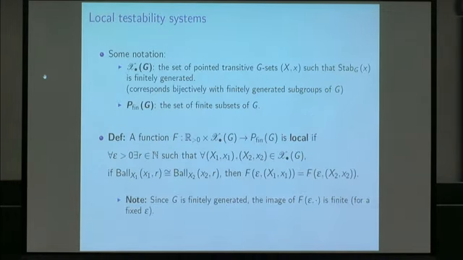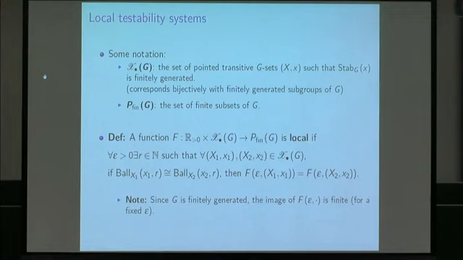OK. So in the next slide, I'm going to define what a local testability system is. But first, some notation. I have this fancy X with a dot. This would be the set of pointed transitive G-sets with finitely generated stabilizers.